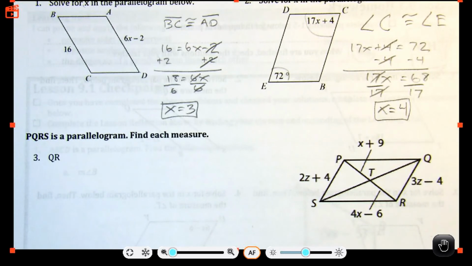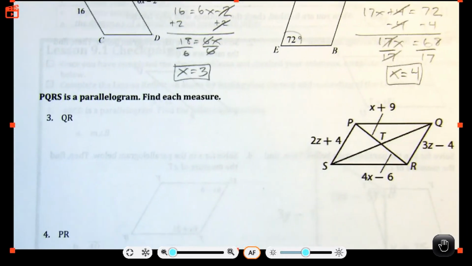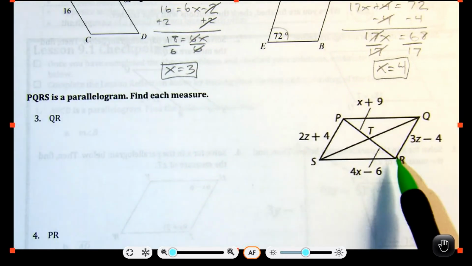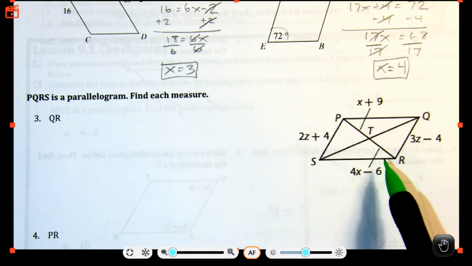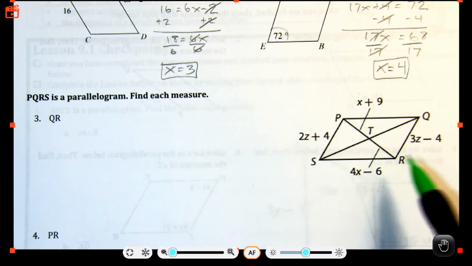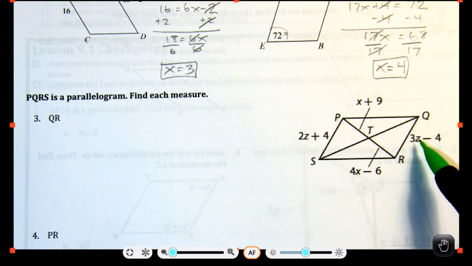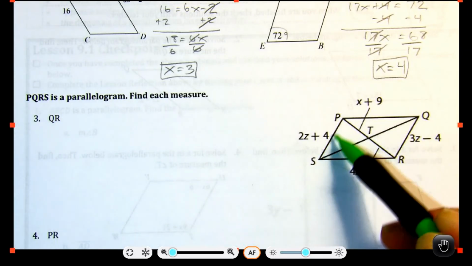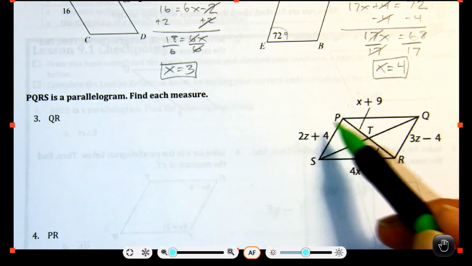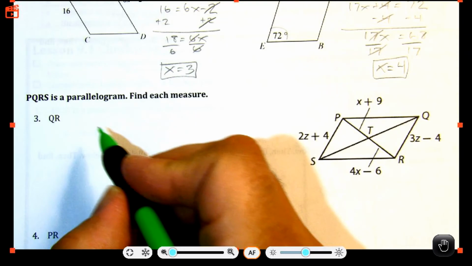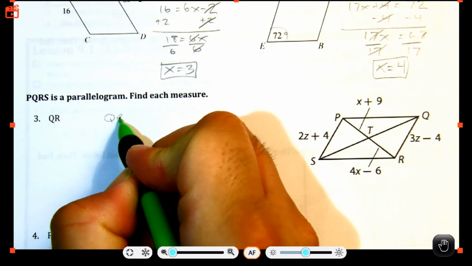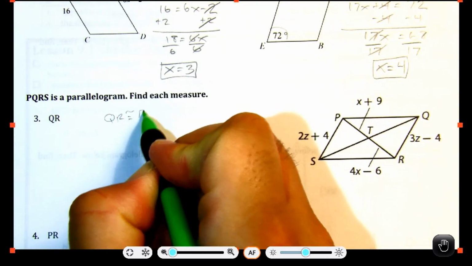Next, for problem number 3, we're given this quadrilateral, and they want us to find QR. So QR is a side, and what I could do is set this side equal to this side. QR is equal to PS. So QR is congruent to PS.